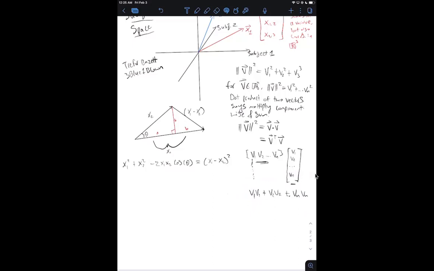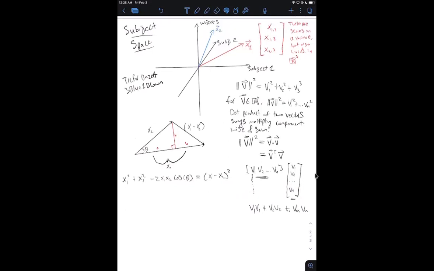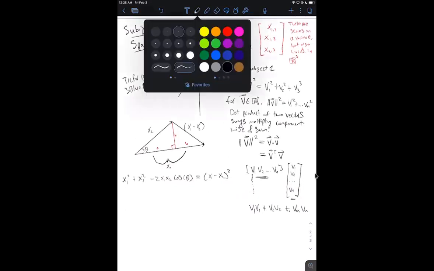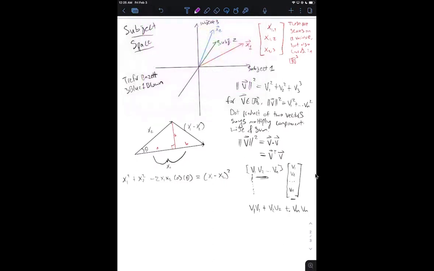So for instance, your standard basis vectors here would be 1, 0, 0; 0, 1, 0; and 0, 0, 1. And you can see those are kind of the cardinal directions. But you could think about any collection of 3 vectors that are each 3 items long as being different basis vectors.